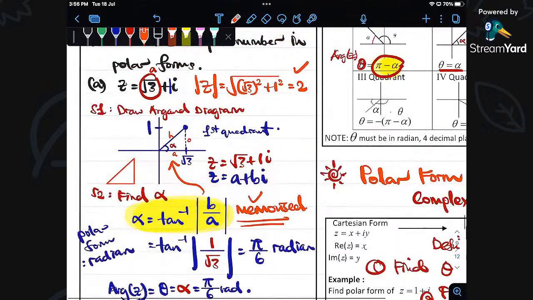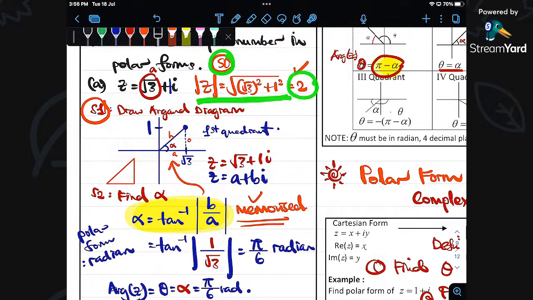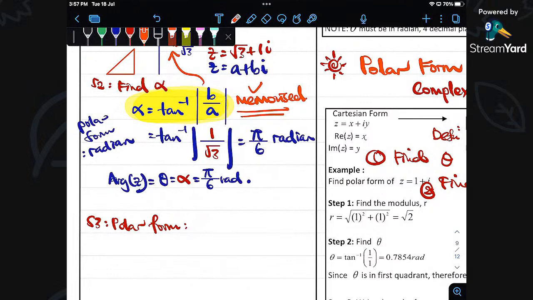Okay, so saya terlupa ya. Step 1 saya di sini juga, selain daripada melukis Argon diagram, I should also find my modulus of Z. Sebab polar form kita adalah dalam bentuk ini. R times cos theta plus I sin theta. This is also need to be memorize.